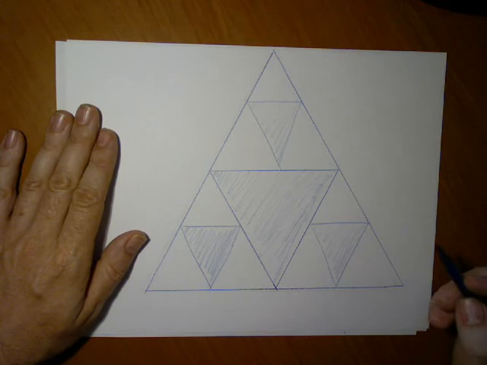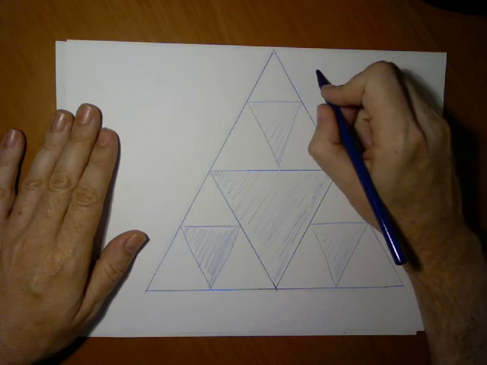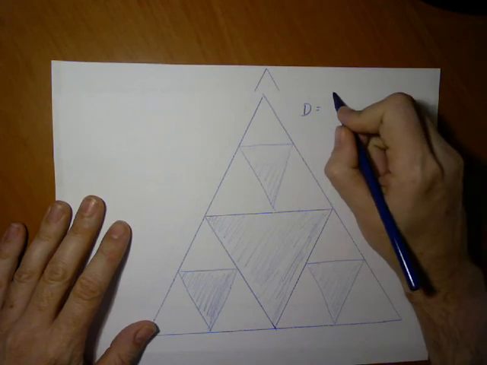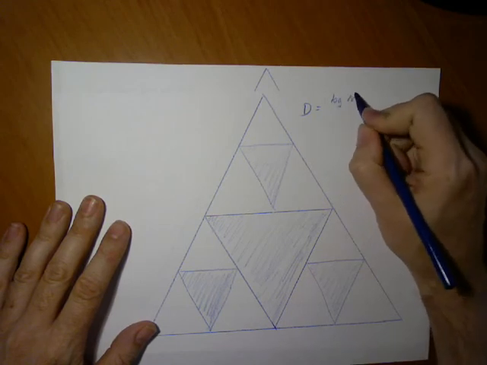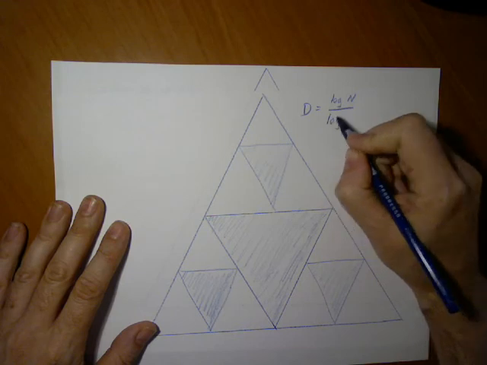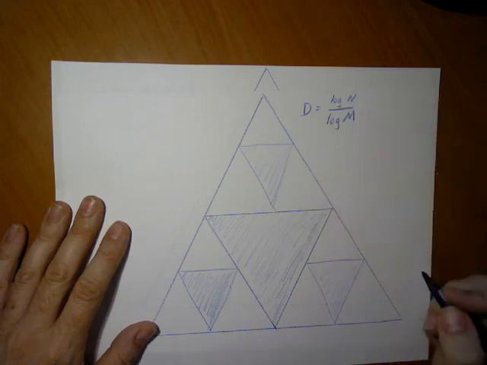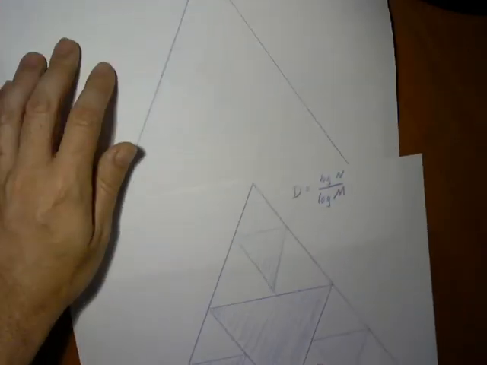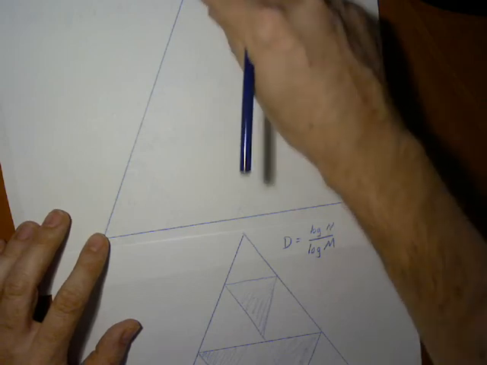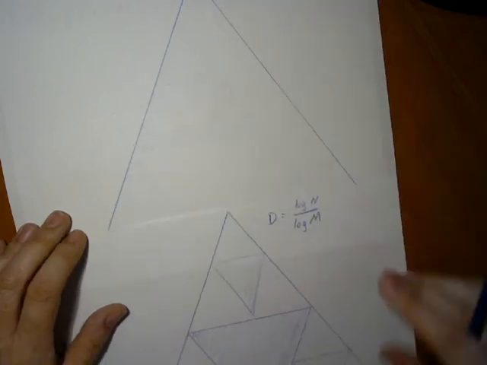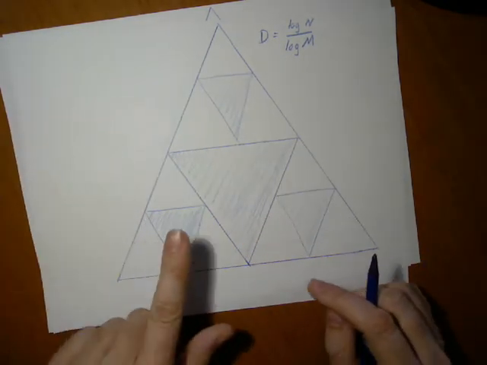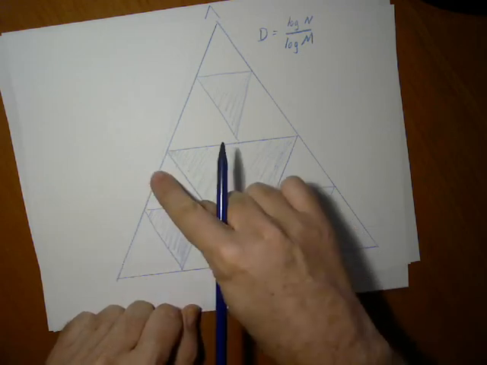In order to calculate the Hausdorff fractal dimension of this, we calculate D equals log n over log m. If we go from our initial triangle and remove the center piece, as we have here, then this would be our first triangle, this right here.